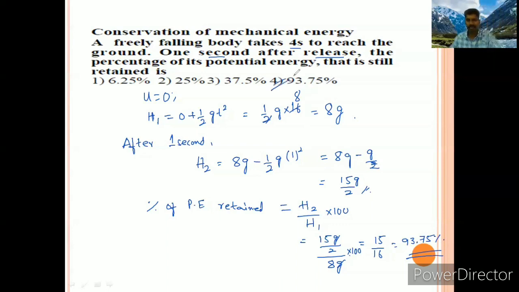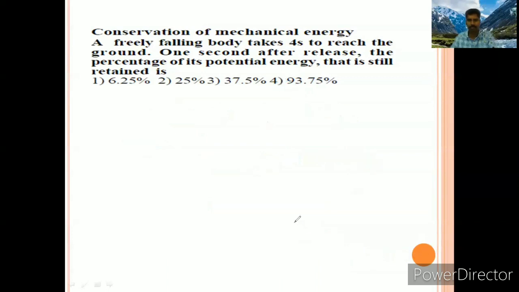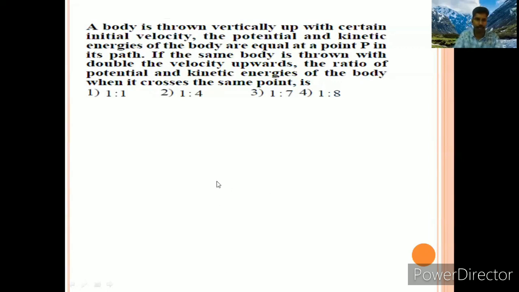So the next problem is: a body is thrown vertically up with a certain initial velocity. The potential and kinetic energies of the body are equal.